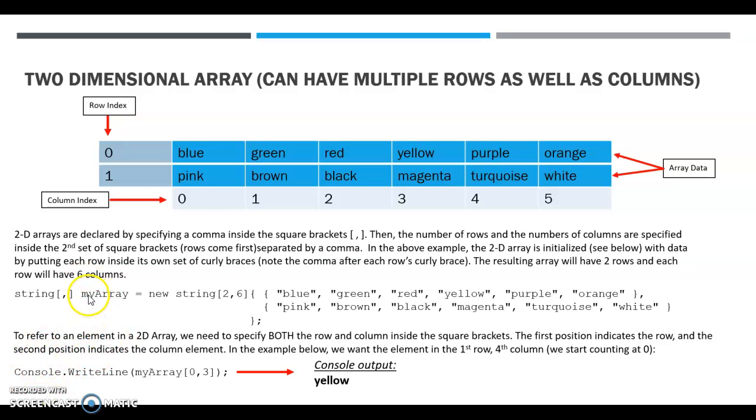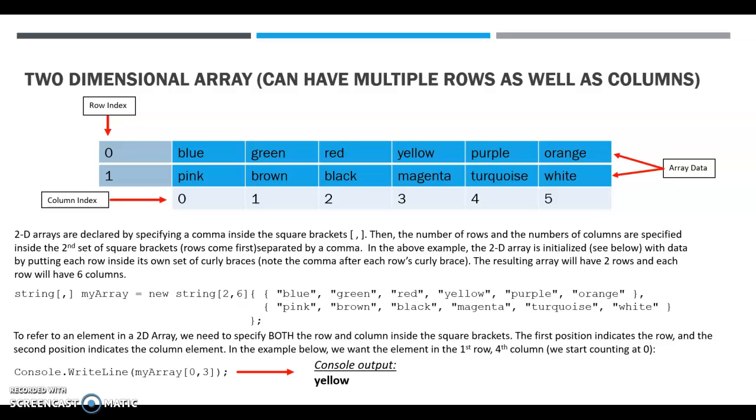I'm going to put my array name, which could be any name you want, my assignment operator, the new keyword as usual. Again, we indicate the data type as we usually do, and then we indicate first the number of rows in our table, and then the number of columns inside of each row.